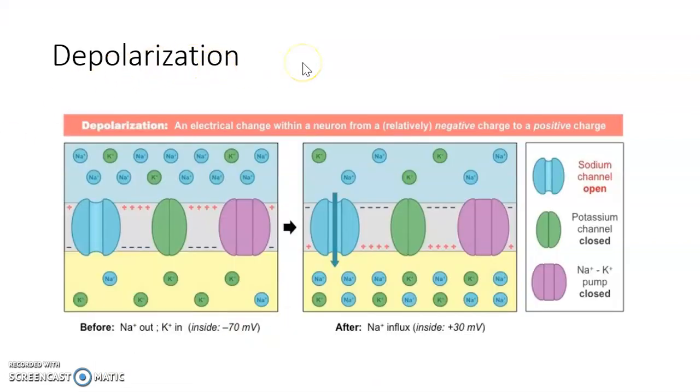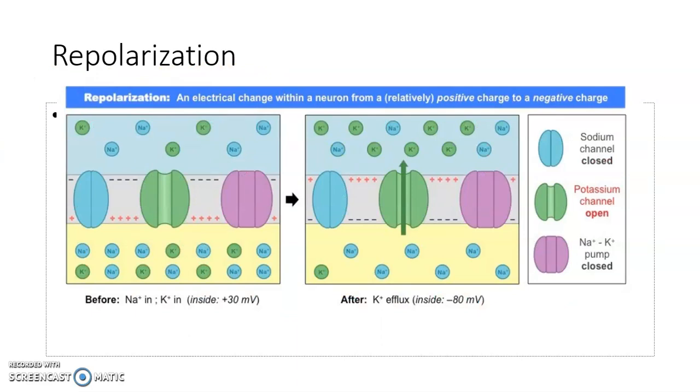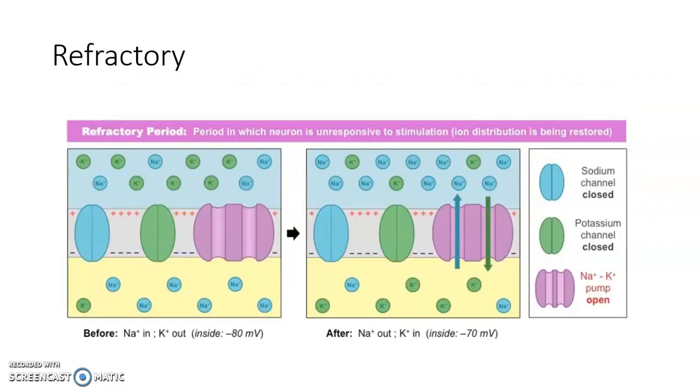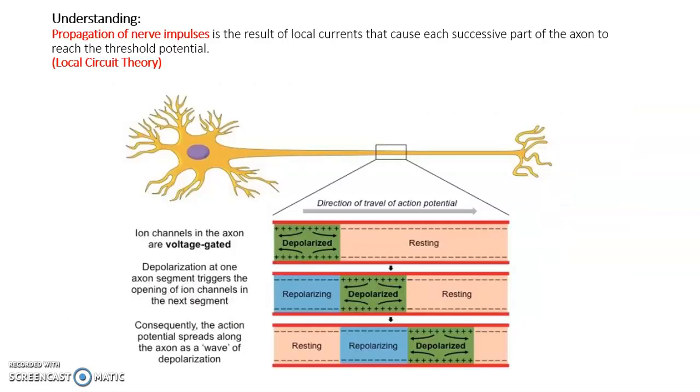This comes from BioNinja, also might be very useful for you if you like visualizations. So we've got the depolarization visual here, we've got the repolarization visual, and we've got this idea of the refractory state.